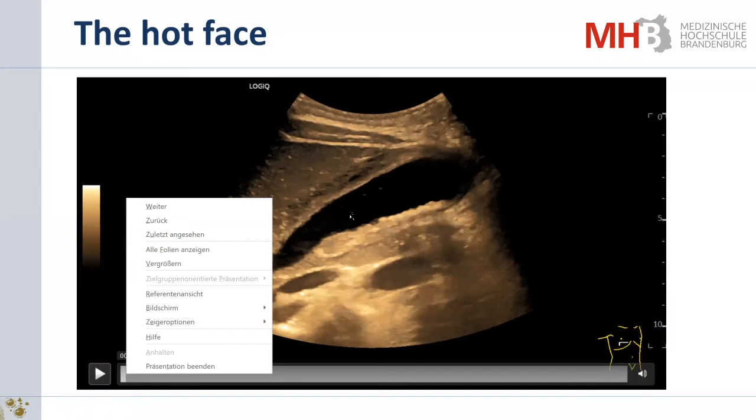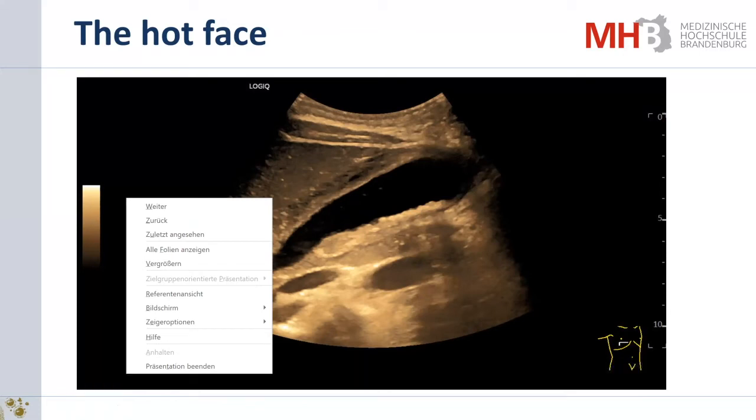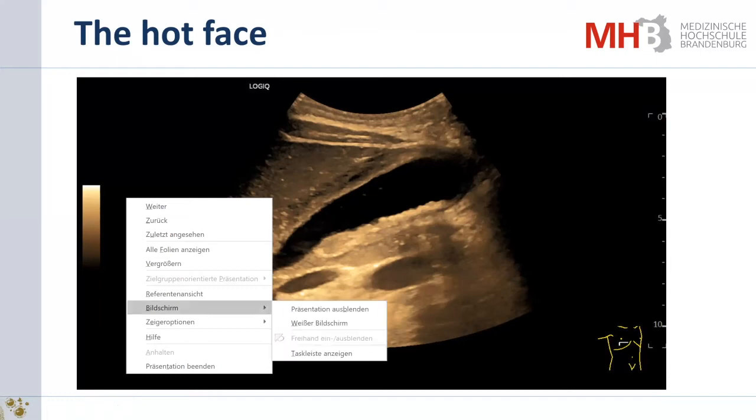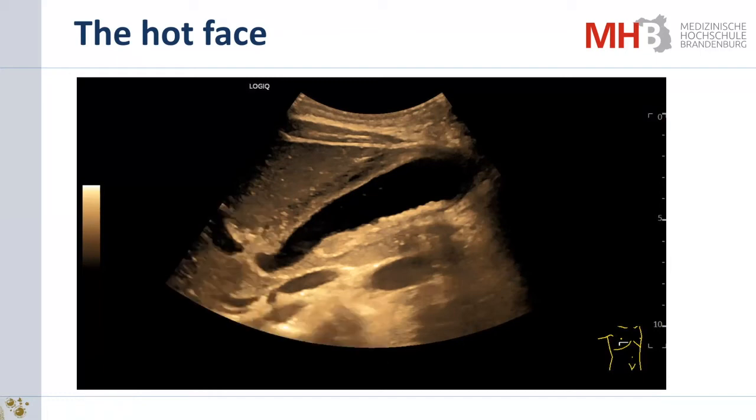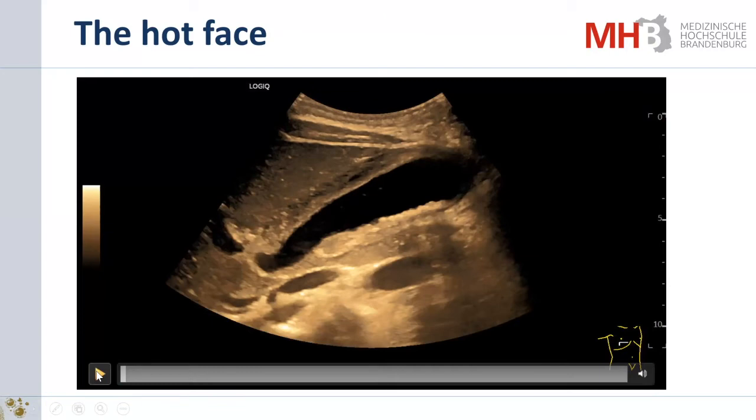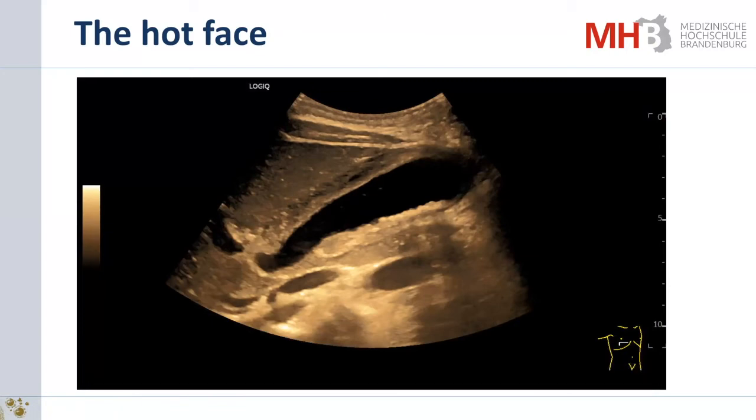And therefore, these are not polyps. Of course, we can try to give the patient another position to see that these stones are rolling or moving, but these are really small stones, and the small stones often cause colics, as in this young lady, but she had not only pain, she had fever and elevated inflammation parameters.